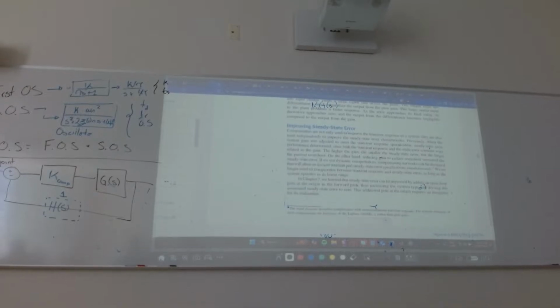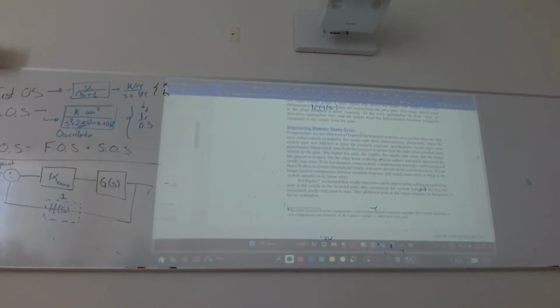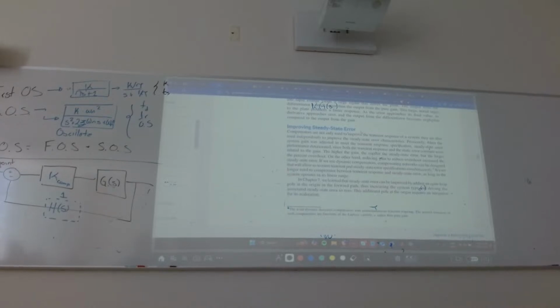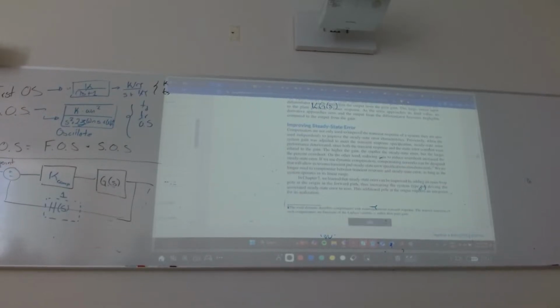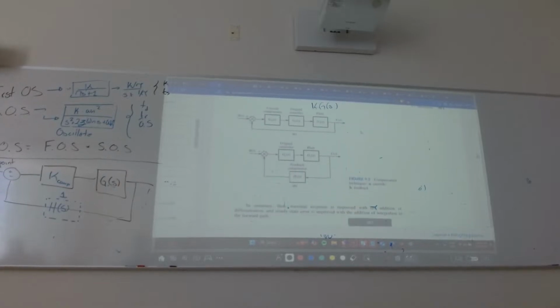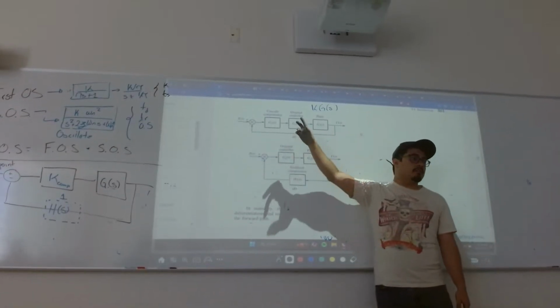And he says the error, once again, the idea in actuality is we have no steady-state error, okay? And we have two ways of compensating this. Here is the plan, or the idea, that told you what was going on.